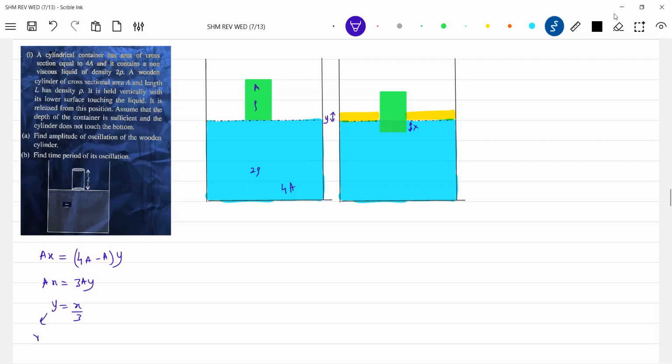What is Y? Rise in level of liquid in the cylinder, in the container. This is a container. Block or cylinder, both are same.